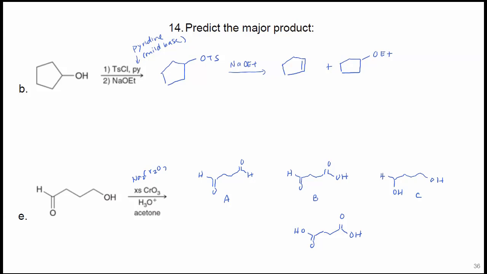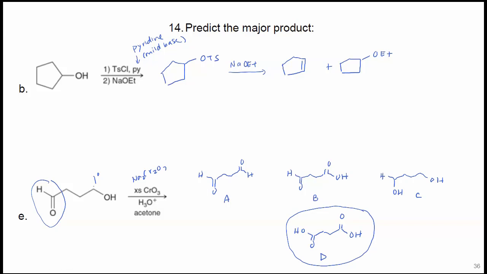All right, so a lot of you chose B because you recognize that this is an oxidizing reagent. So it will oxidize a primary alcohol to the carboxylic acid. We have excess of this reagent around. So if you look at your reaction tables, we also have an entry where an aldehyde can get treated with the same reagent and also produce a carboxylic acid. So we're going to get 2 carboxylic acids when we have excess chromic acid, H3O+.